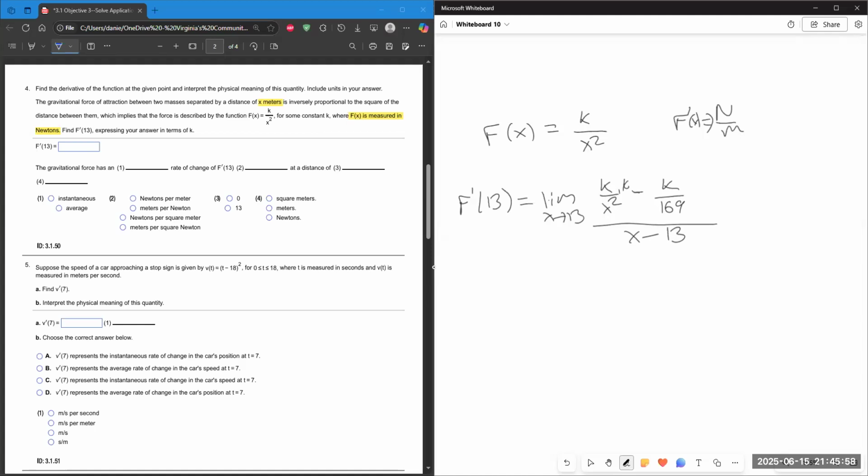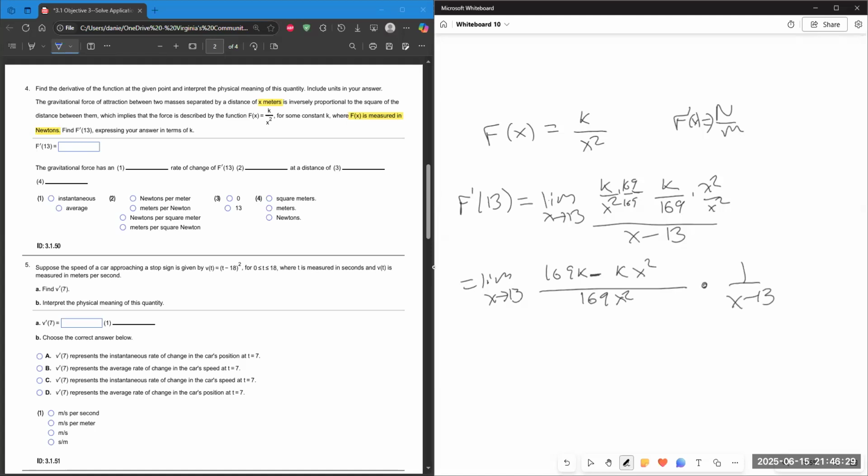Let's multiply by 169 over 169 and by x squared over x squared to make a common denominator. It's equal to the limit as x goes to 13 of 169k minus kx squared over 169x squared, then times 1 over x minus 13.